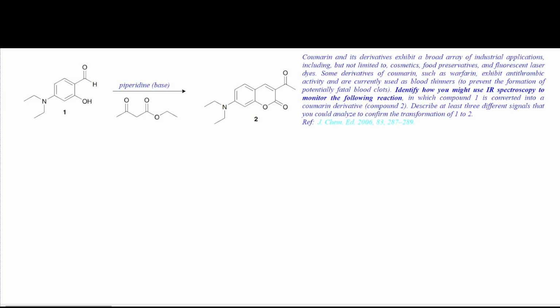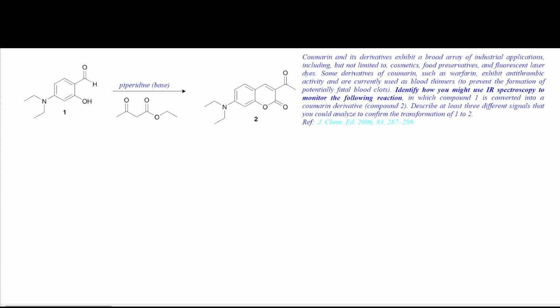Some derivatives of coumarin, such as warfarin, exhibit antithrombotic activity and are currently used as blood thinners. So the question asked here is: identify how you might use IR spectroscopy to monitor the following reaction, in which compound 1 is converted into a derivative of coumarin, compound 2.